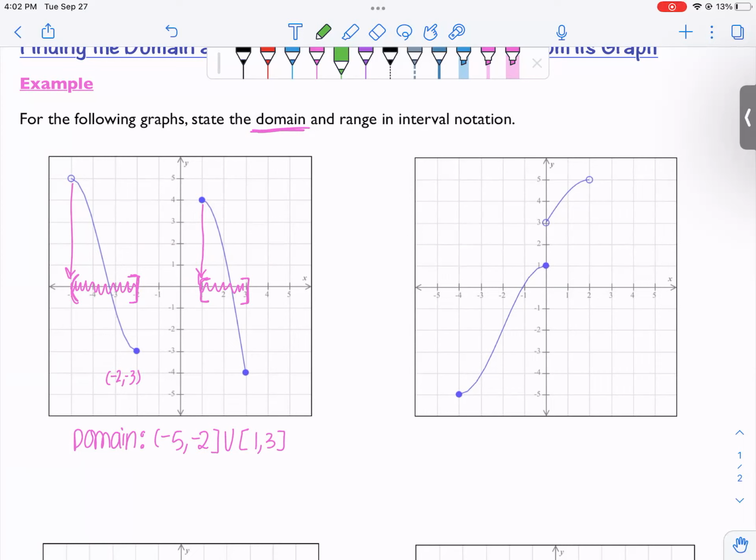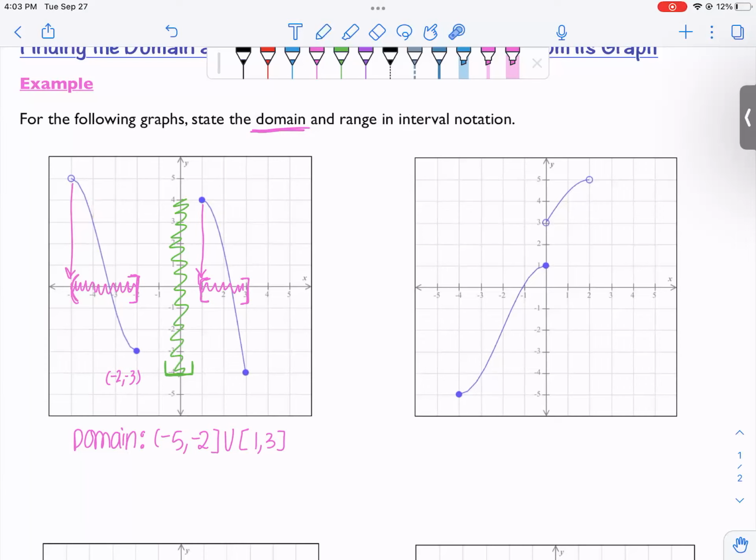The range refers to the y values. So I'm going to start at the very bottom of the graph. There's no graph here for the y values. The first y value to occur in the range is going to happen here at -4. There's a closed circle, so I'm including it with a bracket. This piece covers all the way up to here. All those y values are covered.